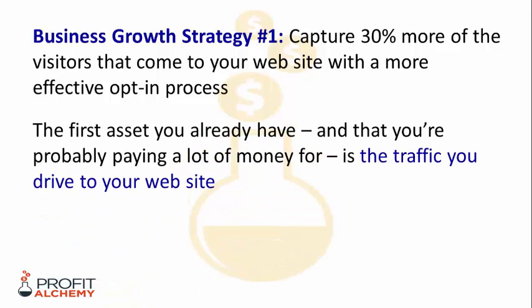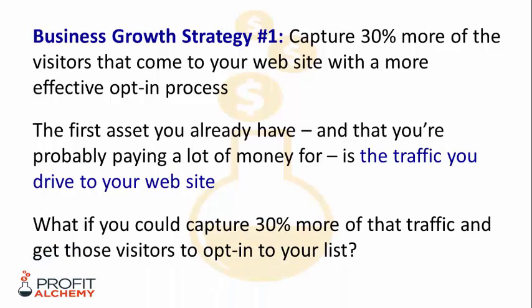Now, the first asset that you already have and that you're probably paying a lot of money for is the traffic that you drive to your website. What if you could capture 30% more of that traffic and get those visitors to opt in to join your list? And again, you're not paying a penny more for traffic because this is 30% more of the traffic that you already pay to get.